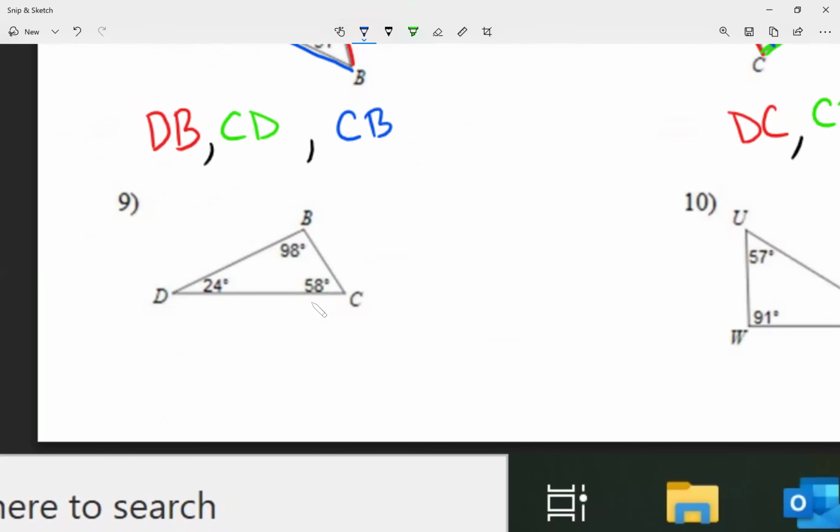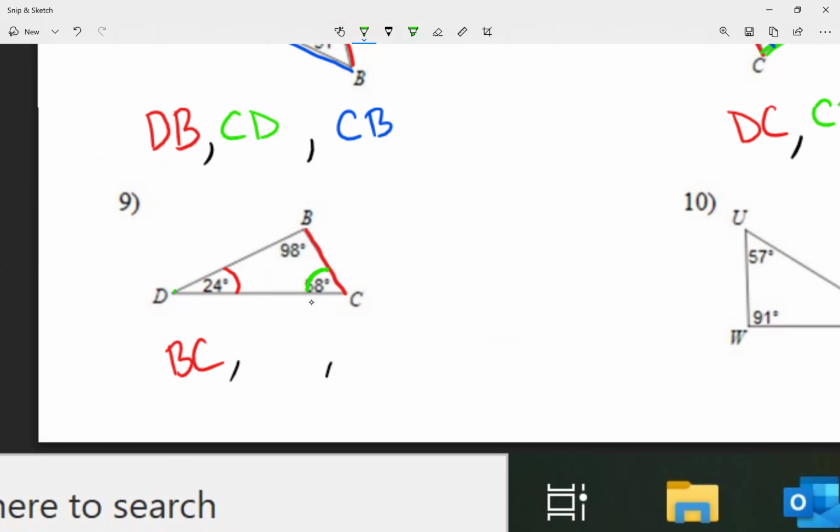About question number 9. The smallest angle here is 24 degrees. So that is opposite from the side BC. Good. The medium angle here is 58 degrees.